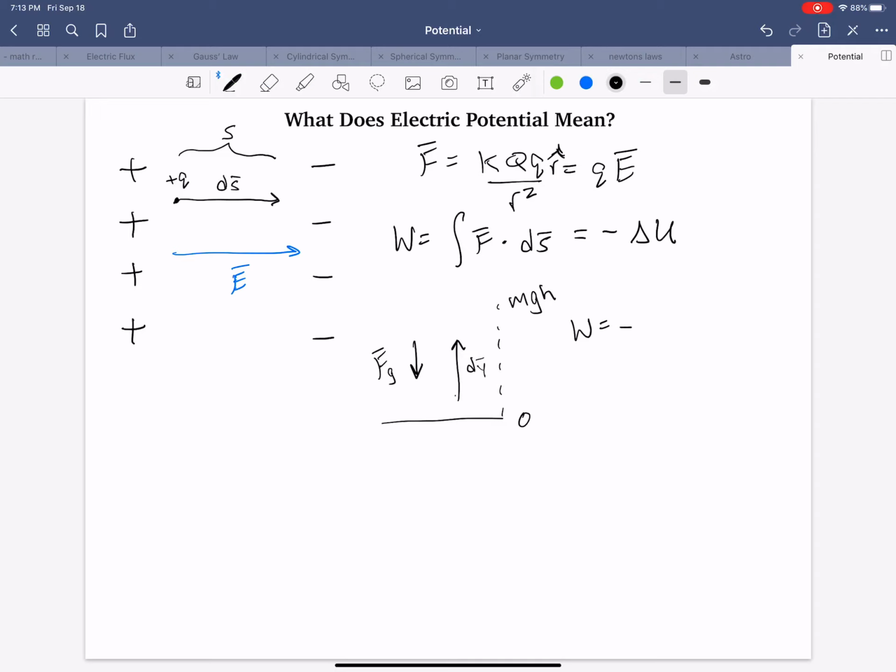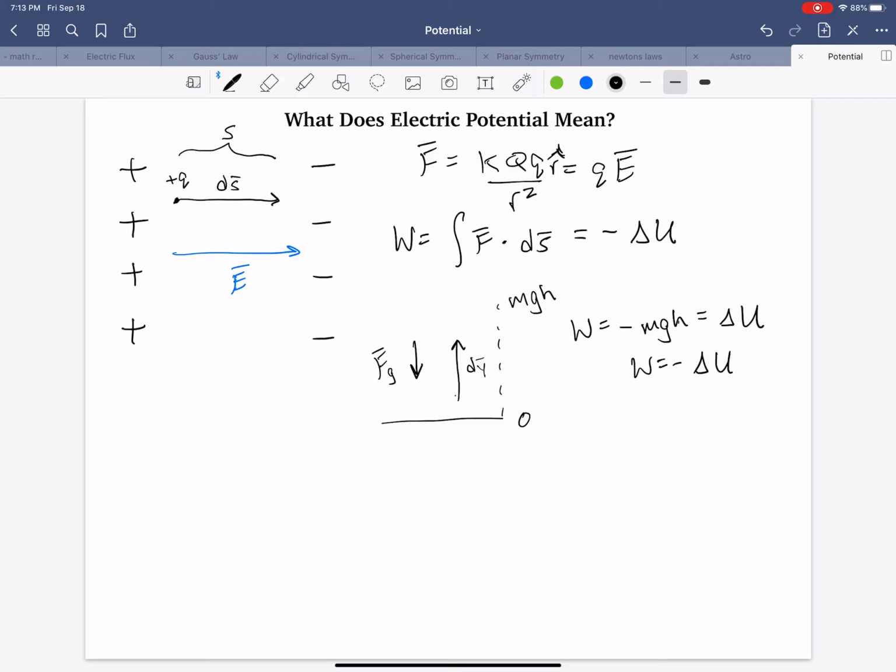The work was minus mgh, and that's equal to mgh minus 0, which I'll leave as plus delta U. Just move the minus sign to the other side, and we can see that work is equal to negative change in potential energy. This was for an object on the surface of Earth with the force of gravity. That's where the negative comes from.